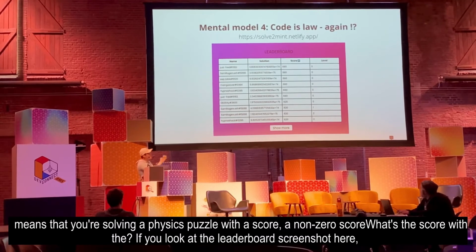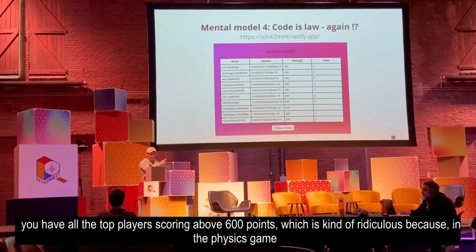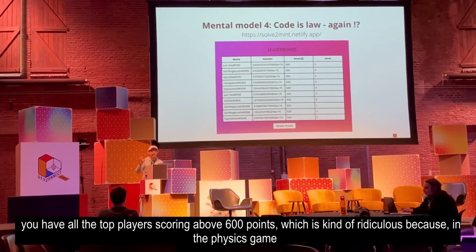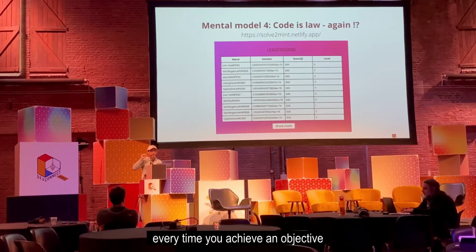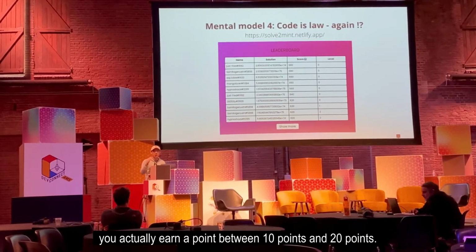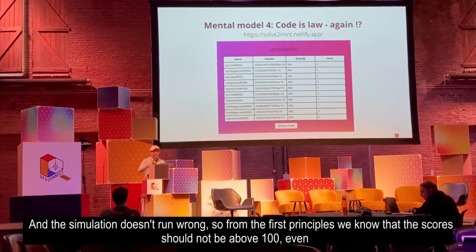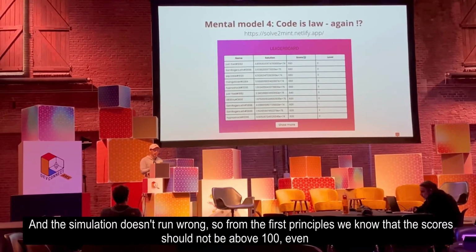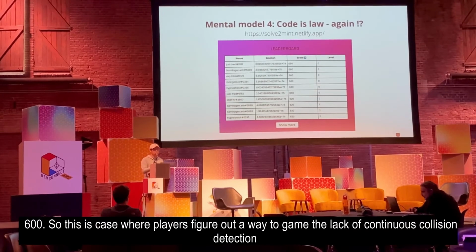If you look at the leaderboard screenshot here, all the top players are scoring about 600 points, which is kind of ridiculous, because in the physics game, every time you achieve an objective, you earn between 10 and 20 points, and the simulation doesn't run long. So from first principles, we know that the scores should not be above 100, let alone 600.